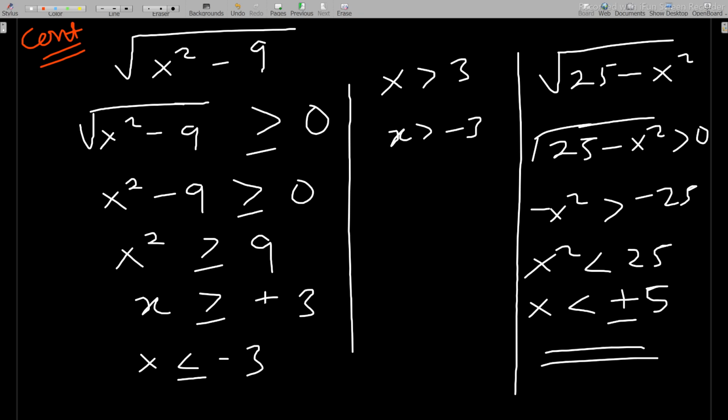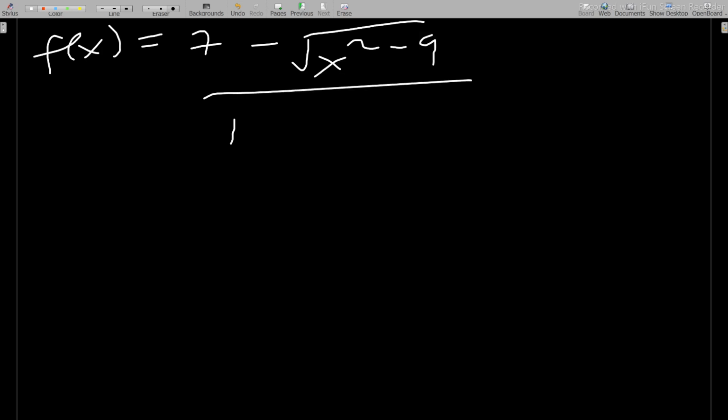Now, let's write f of x back: 7 minus the square root of x squared minus 9, over the square root of 25 minus x squared.